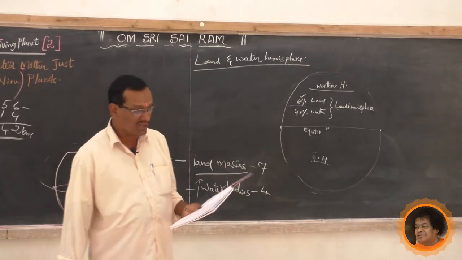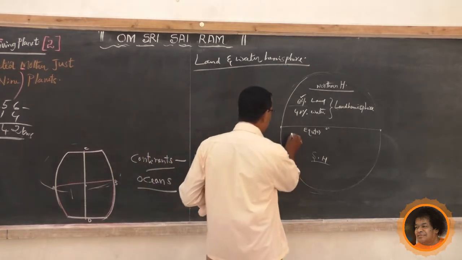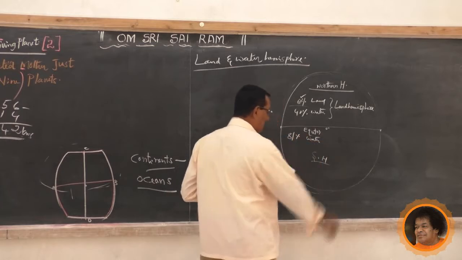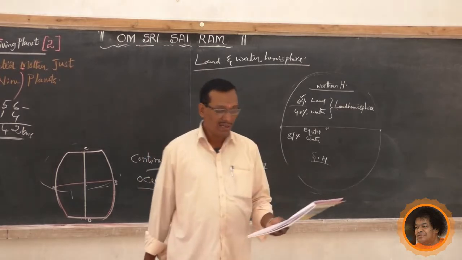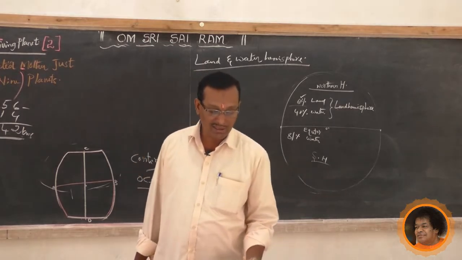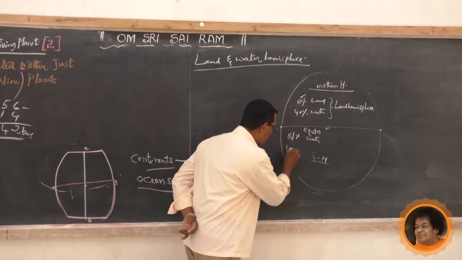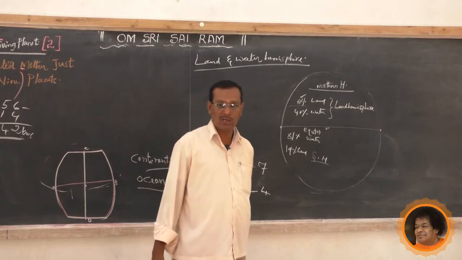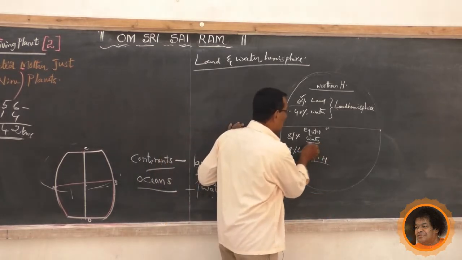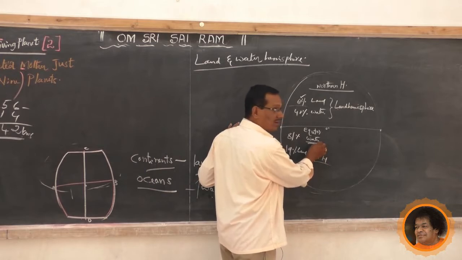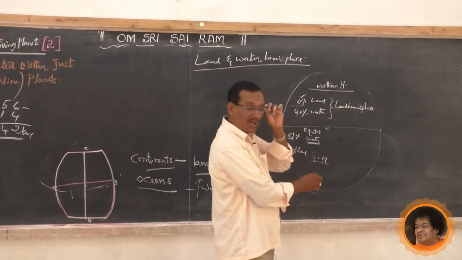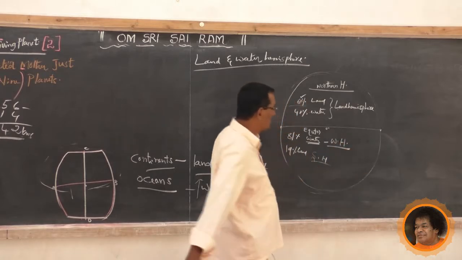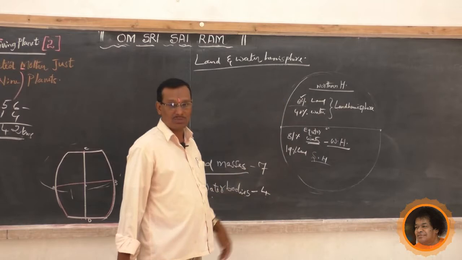There is 81% water and 19% land in the southern hemisphere. The major role is occupied by water, therefore it is called the water hemisphere.